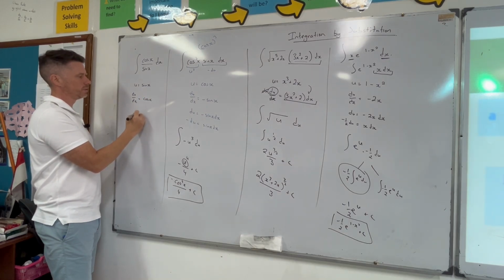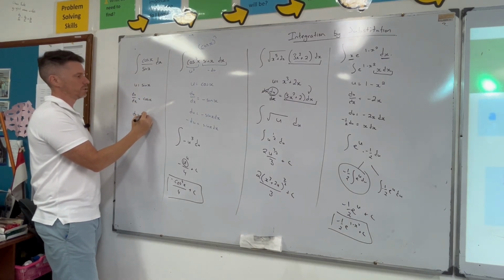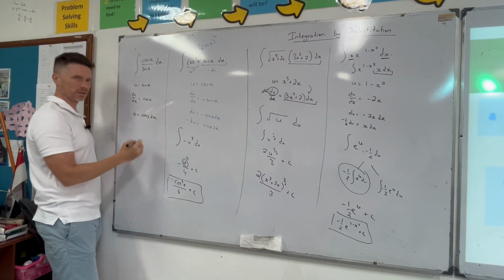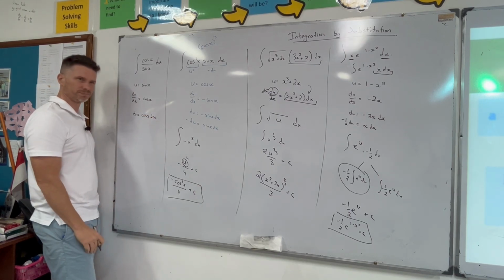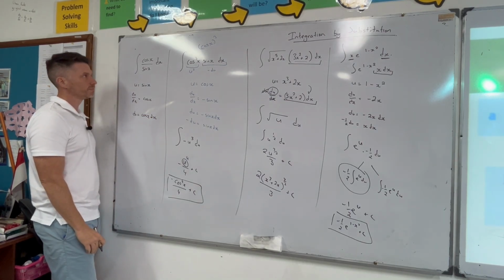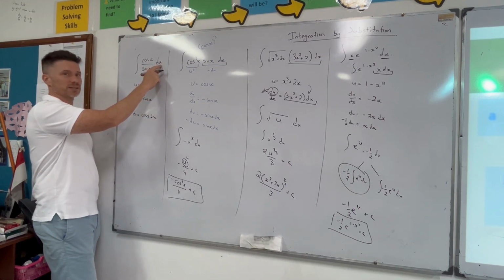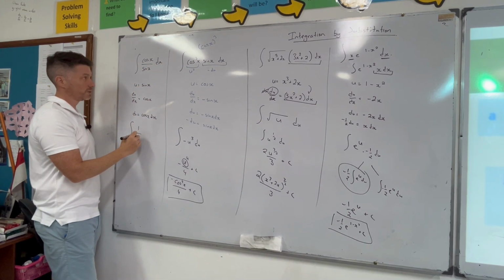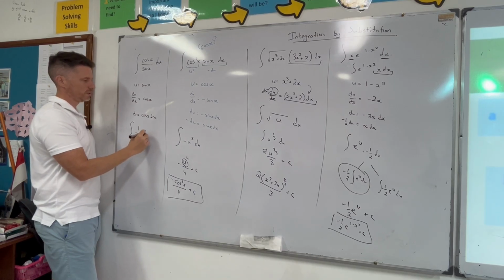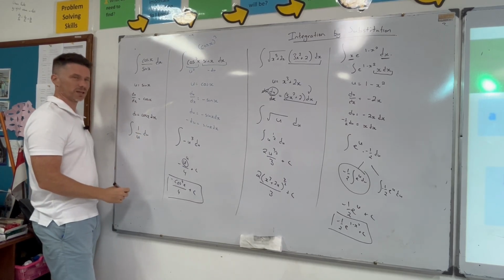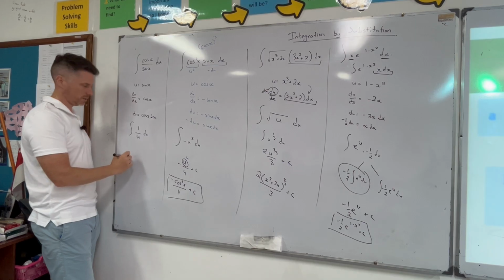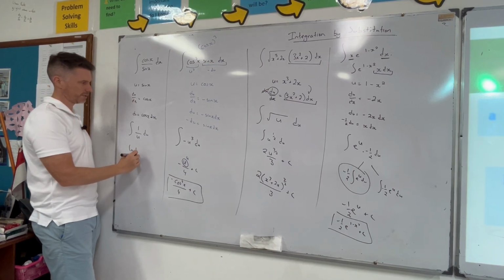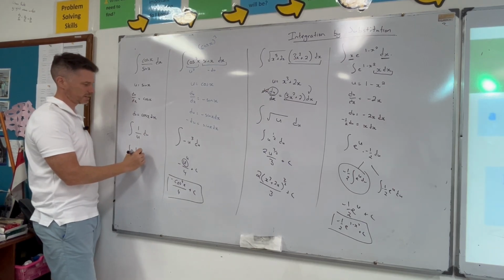So du is cosine x dx. Do we think we're right? Yeah. Well, it has cosine x dx. So what's my integral going to be? 1 over u du. That's okay. And you said it. It's going to be, yeah, ln absolute value sine x.